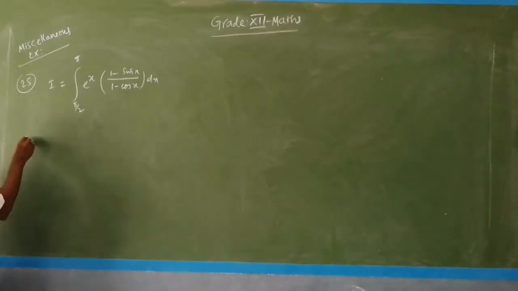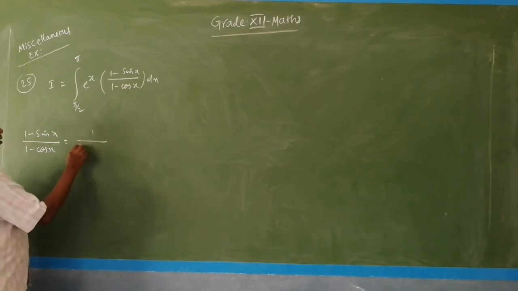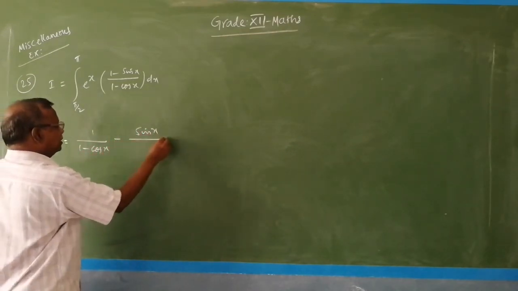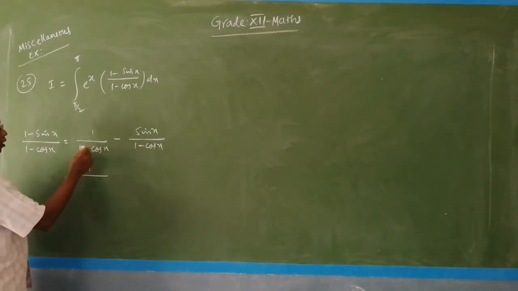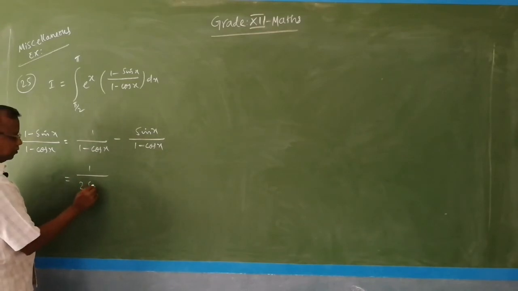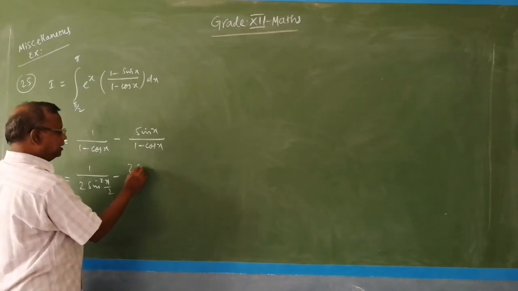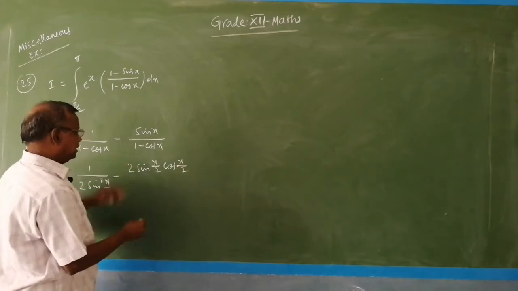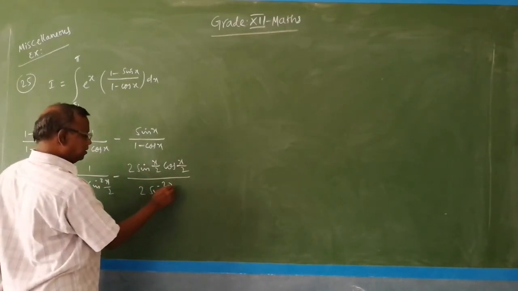Now 1 minus sin x divided by 1 minus cos x equal to 1 by 1 minus cos x minus sin x by 1 minus cos x. This is equal to 1 by 1 minus cos x minus 2 sin x by 2 cos x by 2 over, here 1 minus cos x is 2 sin square x by 2.